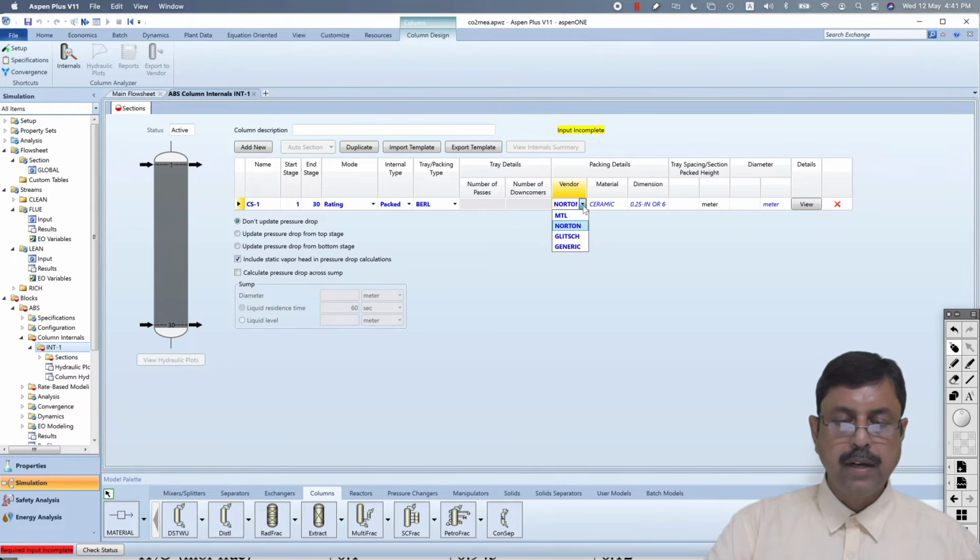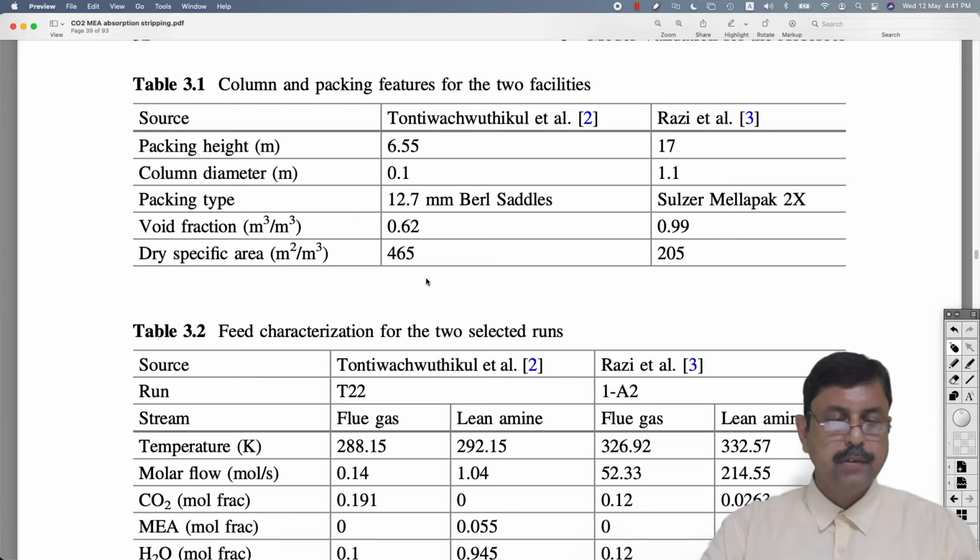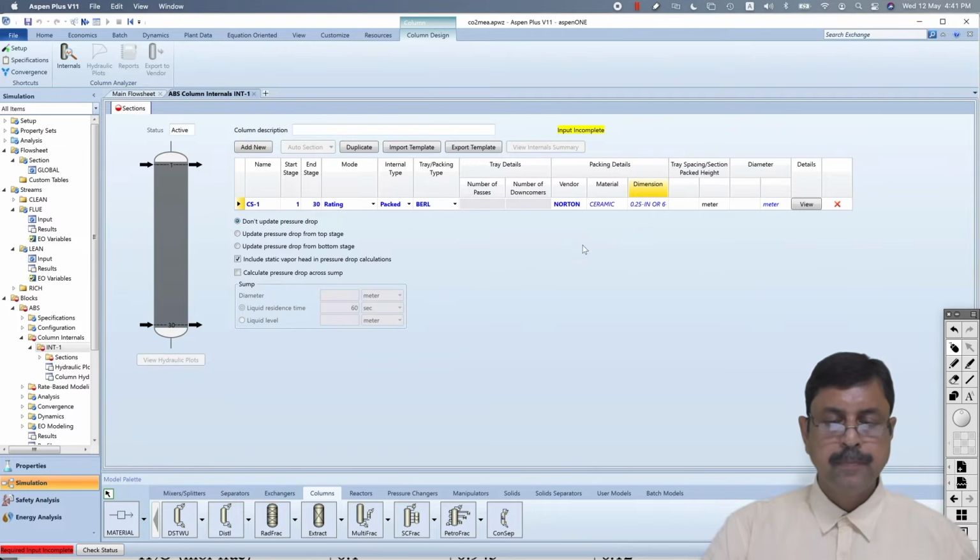Now all those vendors have their different dimensions, but we have to choose a dimension which gives 12.7, because it has been said 12.7 millimeter barrel saddles.